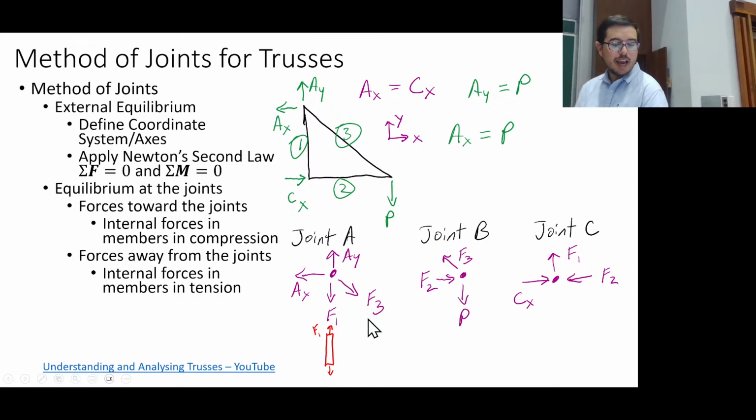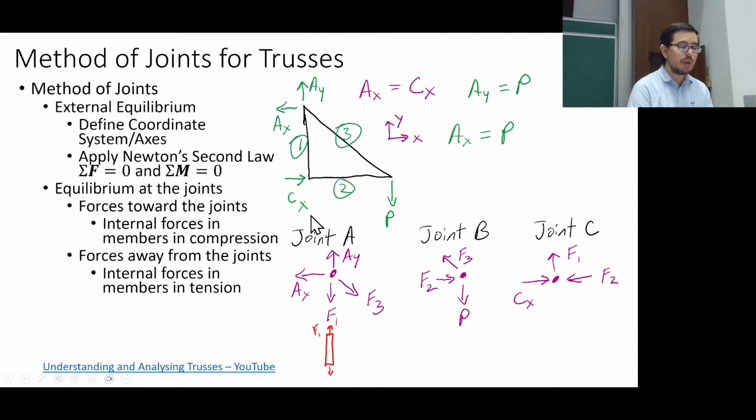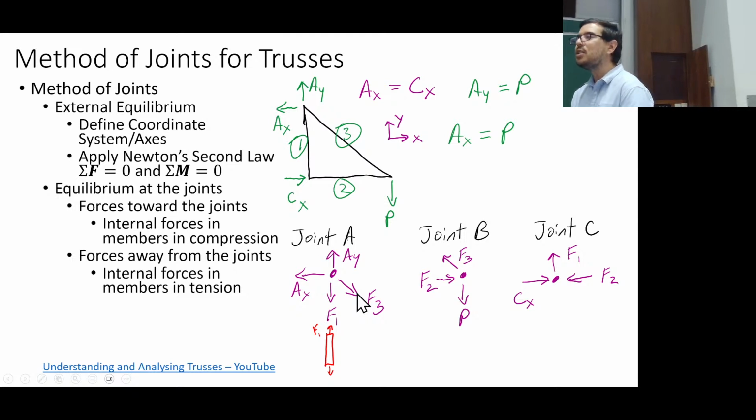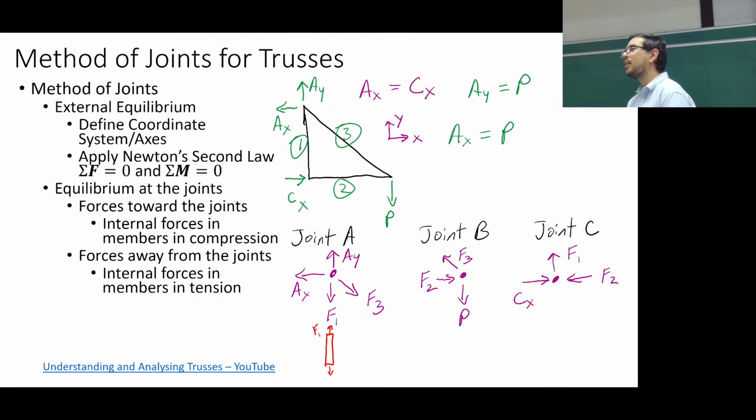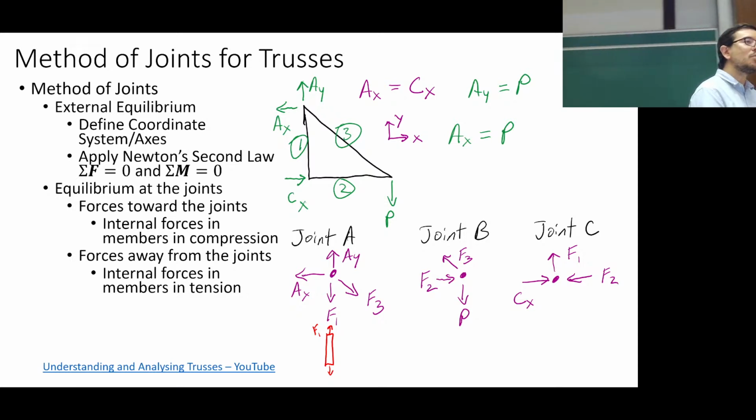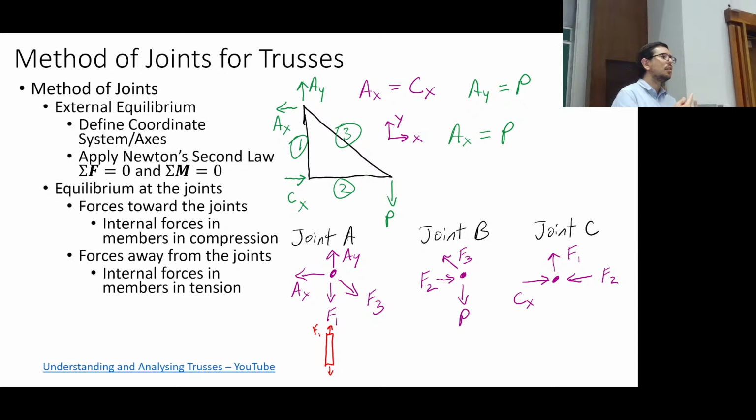If it's coming out of the node and going into a member, is that member going to be in tension or in compression? Do you remember that? If it's coming out of the joint, tension, right? And if I draw it going into the node, then those members are in compression, right? You can kind of think of these joint 1, joint 2 as forces that are acting outward on the nodes.